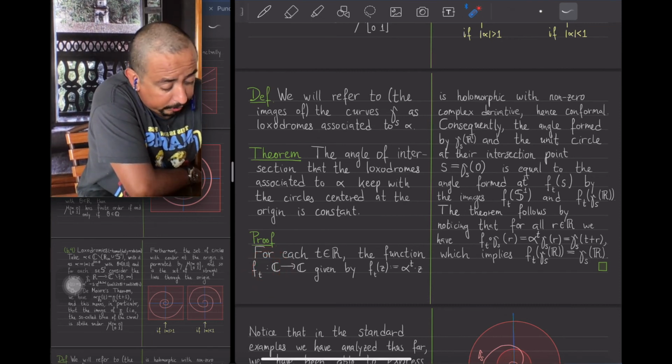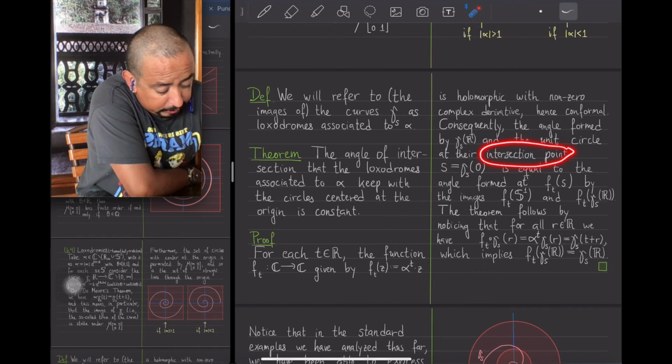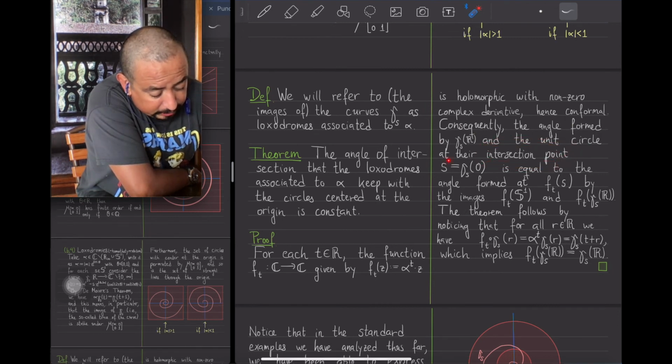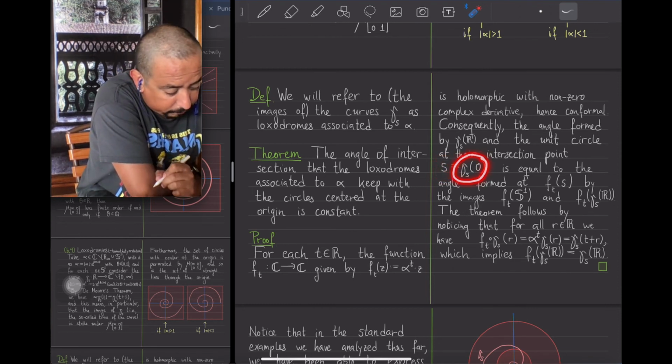So when I consider the unit circle and my given loxodrome, the angle at their intersection point, which is easy to compute, because this point S is on the unit circle and on the loxodrome.